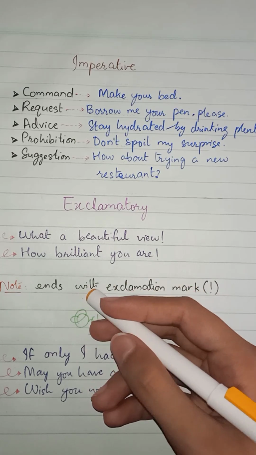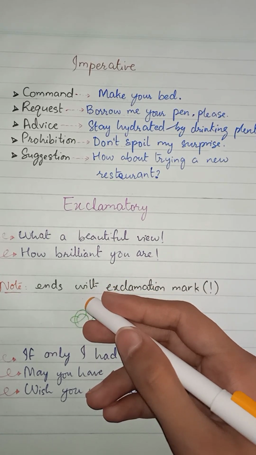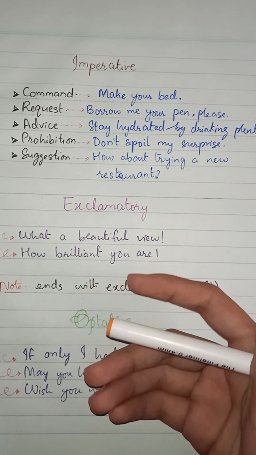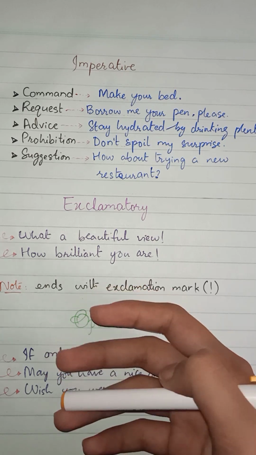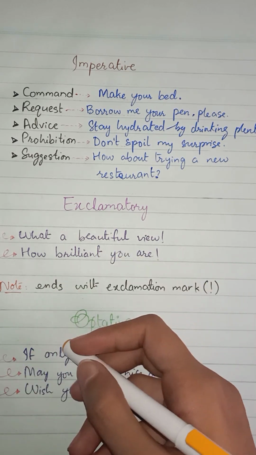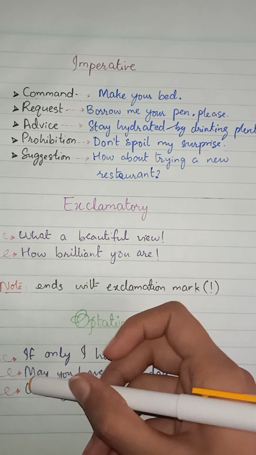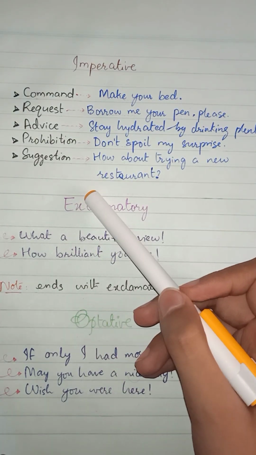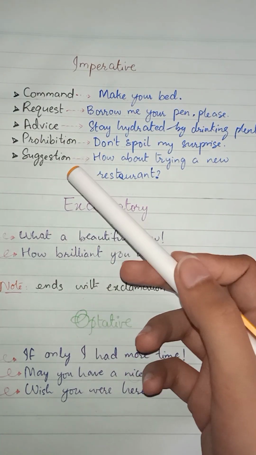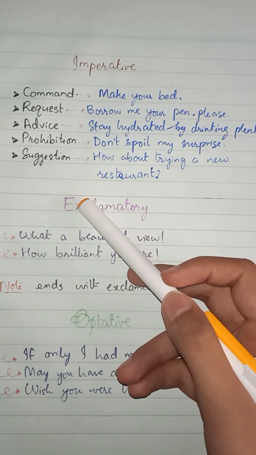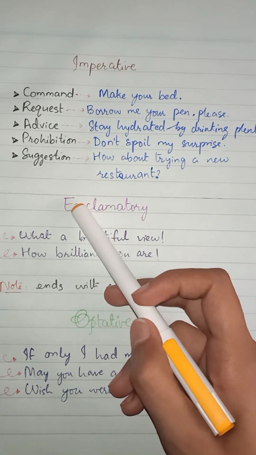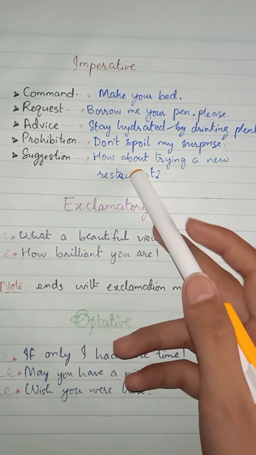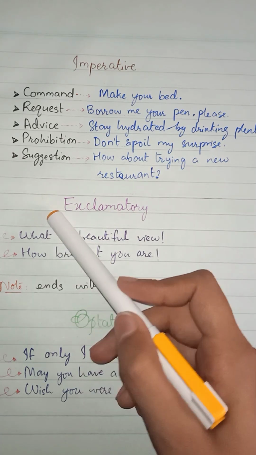That makes it visible that you are advising someone that it is harmful, it is hazardous to your health, so you should not eat too much sugar, right? And another is don't spoil my surprise. So it is a prohibition. You are prohibiting someone from doing something, you are preventing them. So it is also an example of an imperative sentence.